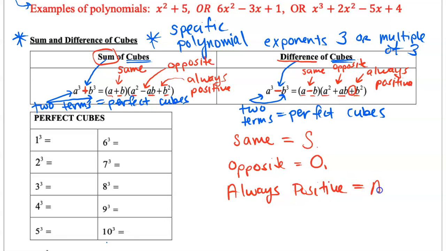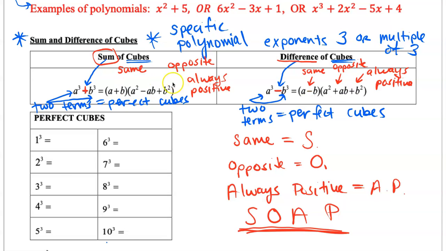So that's AP. When you put those letters together, it spells the word soap. So a lot of times I'm going to say, oh, use the SOAP formula. Same, opposite, always positive. What I'm referring to are these formulas here. This is what the factors will be made of when you have a sum of cubes or a difference of cubes.